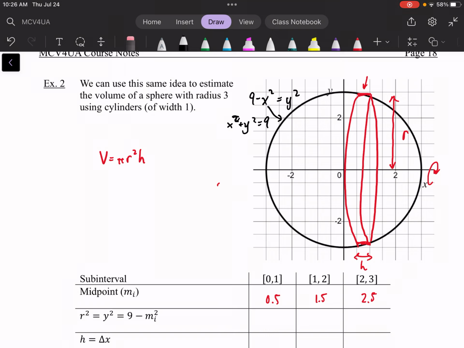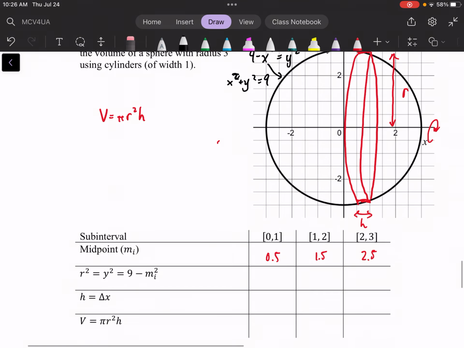We know that. So to find out this value of y squared, all we have to do is take 9 minus whatever x squared is. So our x value here is 0.5. I'm going to grab my calculator here. I'm going to do 9 minus 0.5 squared. And that's 8.75.